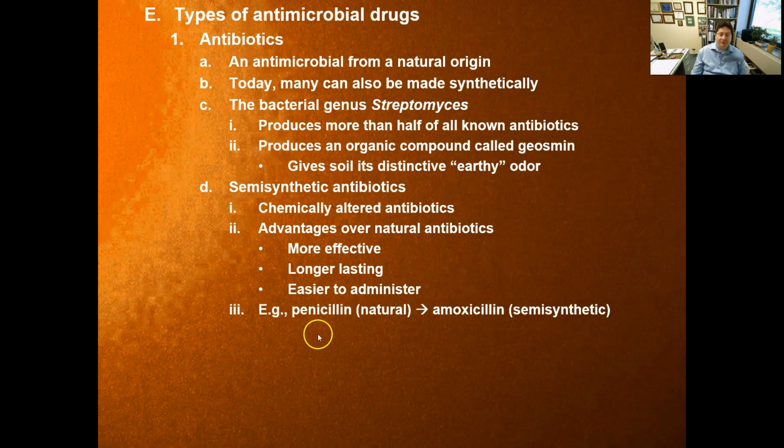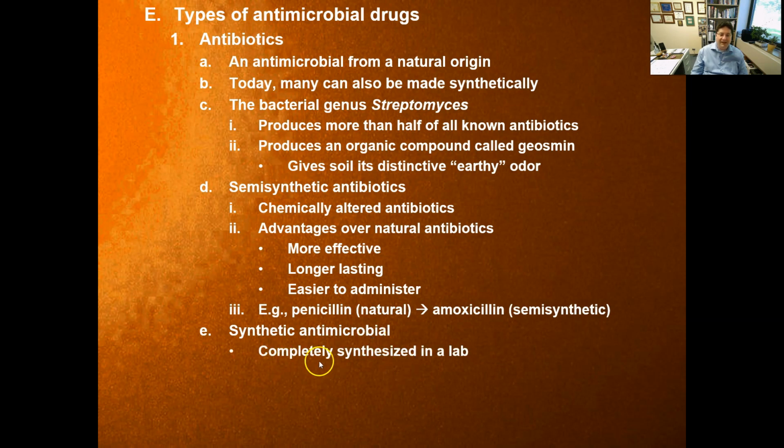So, for example, penicillin comes from a natural origin. It comes from that fungus that Fleming first saw on that plate, penicillium. We can chemically alter that to make amoxicillin, which is semi-synthetic. Okay? You can also have synthetic antimicrobials.